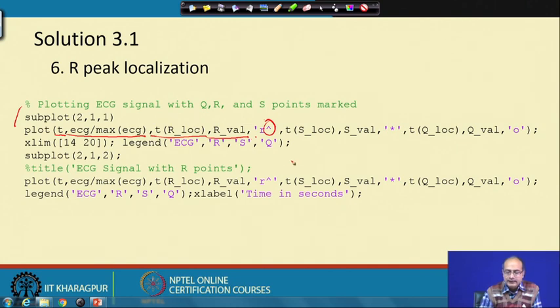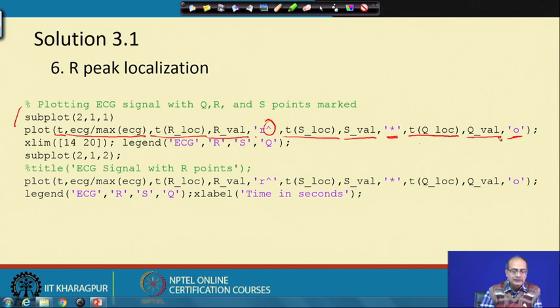Okay. Next, same way we draw the S values, S location and the S value, and with the help of star, that is designated. Next is Q, the location, time we are getting here, and the value of the Q in y axis we get here, and we use the symbol O to give that location. Okay.